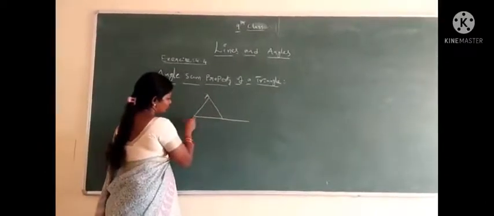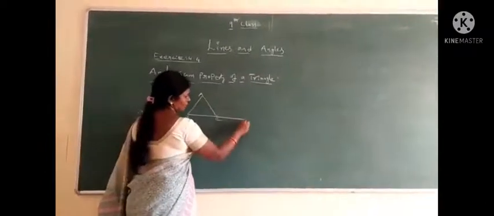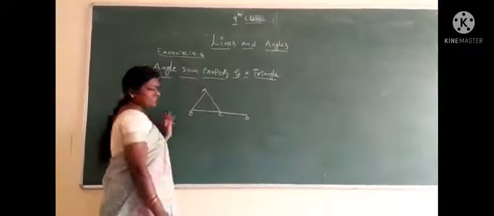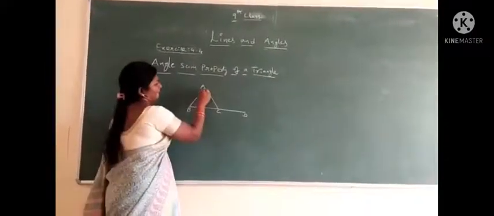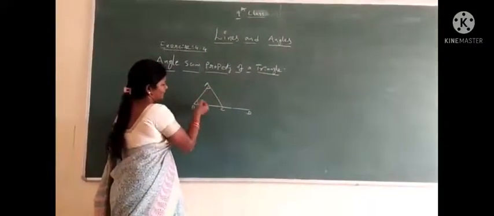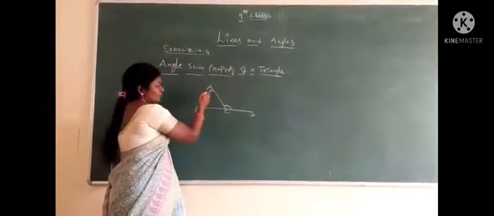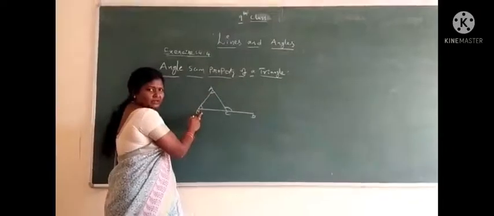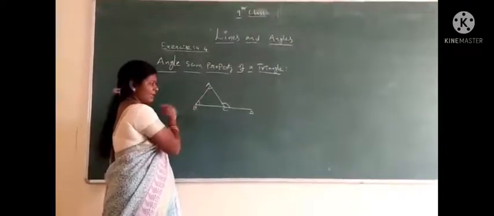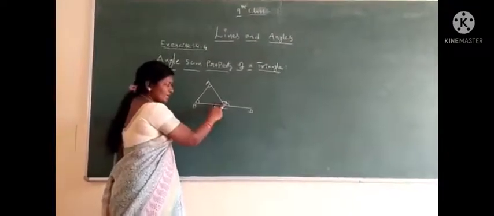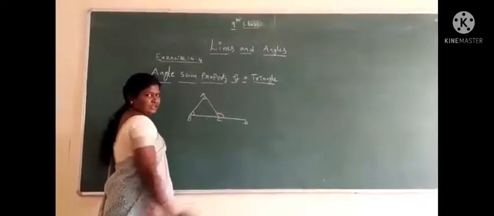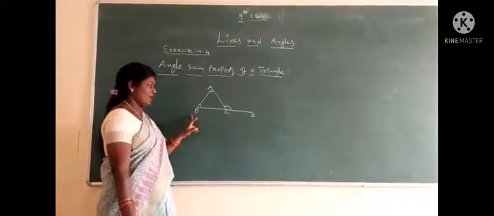A, B, C, D. This is the triangle. These two angles are interior angles. This is the exterior angle.